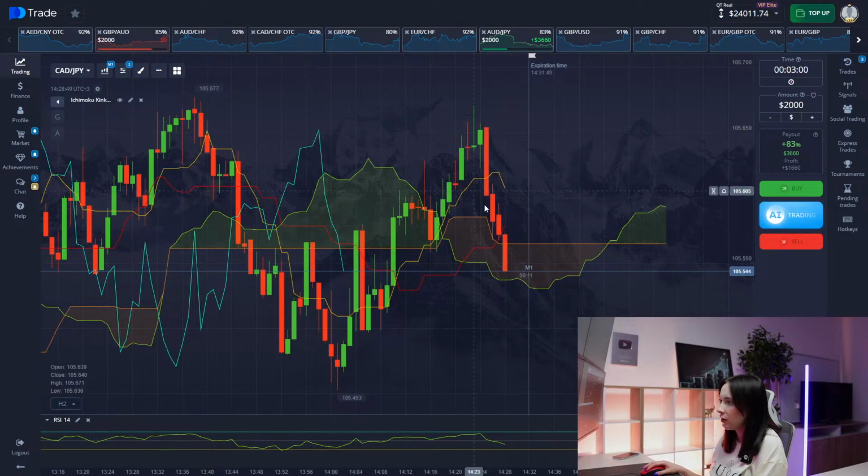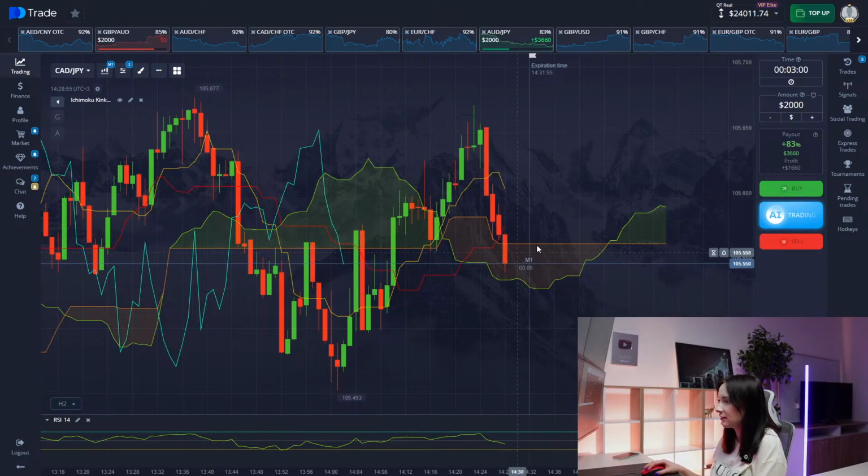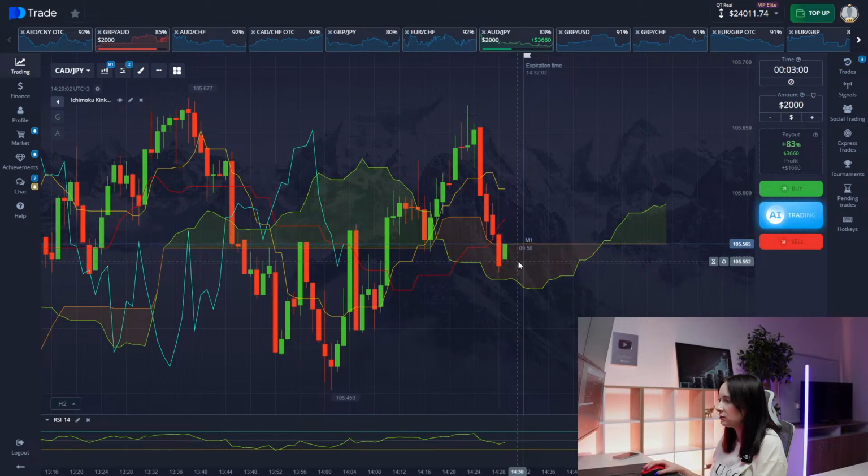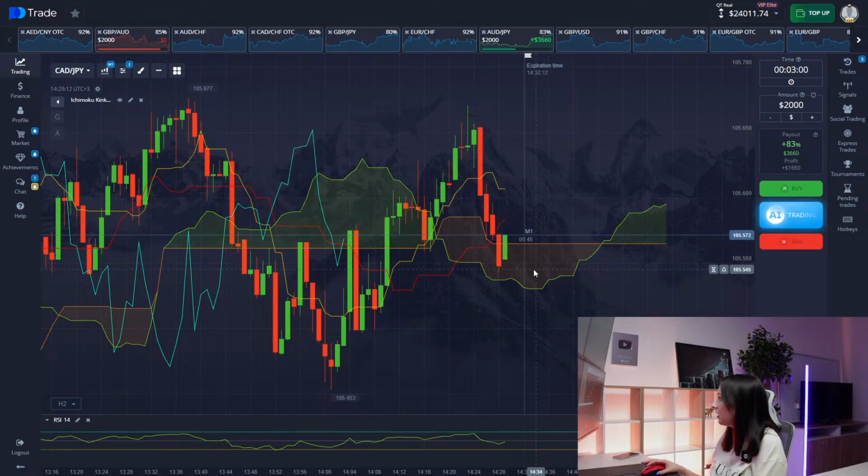I'm waiting for this currency pair chart to go through the cloud so that it does not reverse accidentally, because when you open trades within the cloud, it might quickly reverse and change its direction very quickly, as you can see now. The cloud area is an evident area of the market, and of course it's better to wait.